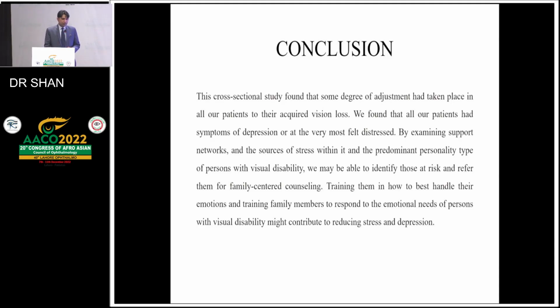By examining the support network and the source of stress within it, and the predominant personality type of persons with visual disability, we may be able to identify those at risk and refer them for family centered counseling, training them in how to best handle their emotions, and training family members to respond to the emotional needs of persons with visual disability might contribute to reducing stress and depression.